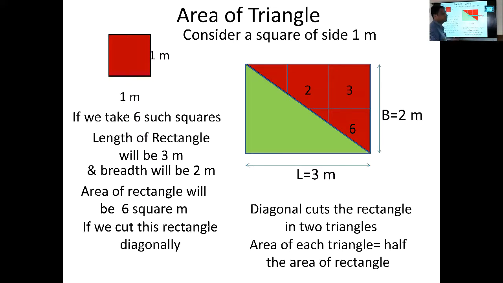Now, how to find the area of a triangle? So this is the triangle. In this case, we are going to call this the base, and we are going to call this the height or altitude of the triangle.